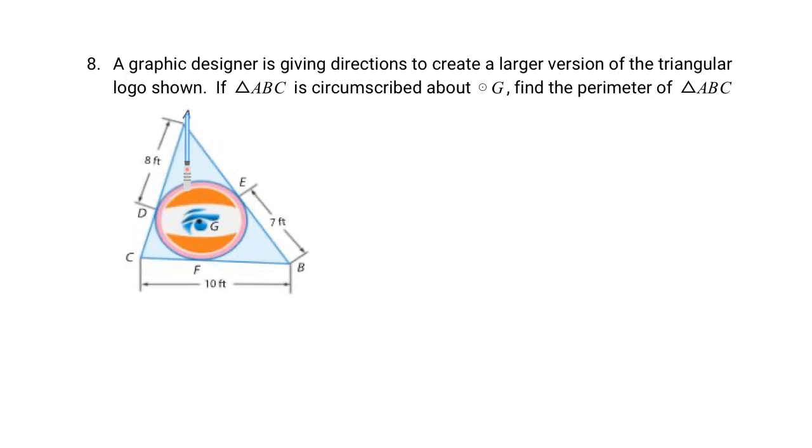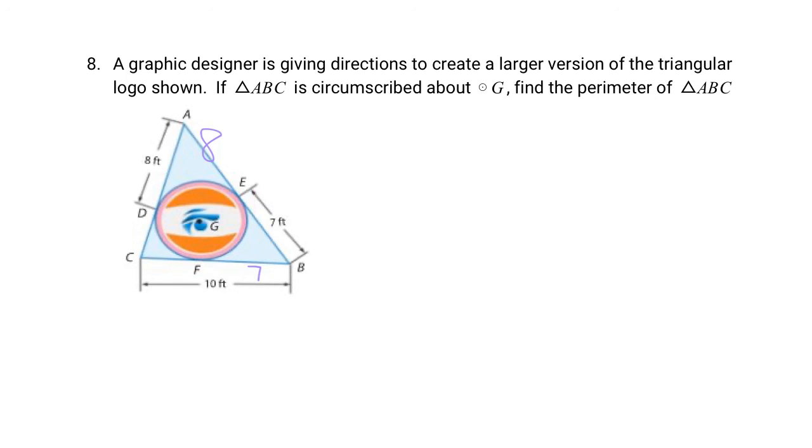Since these are both tangents to this circle from angle A, they're going to be congruent. So if AD is 8, AE has to also equal 8. If EB is 7, that means that BF is also 7.